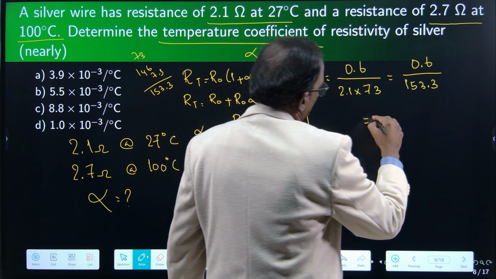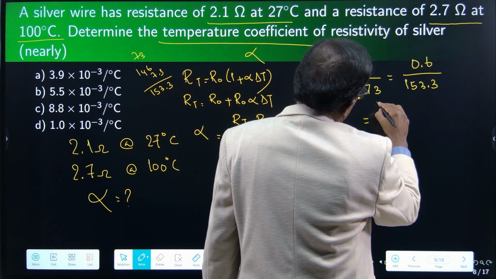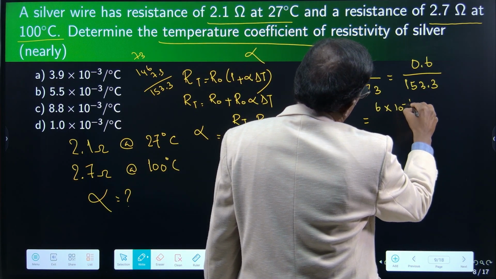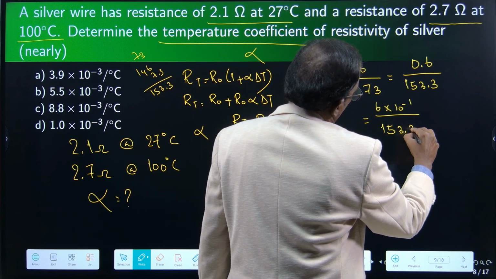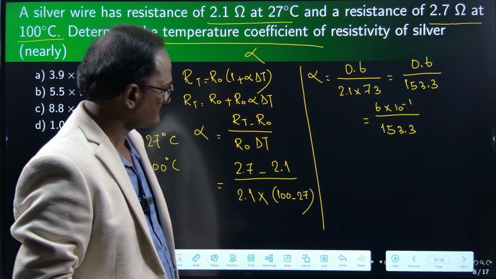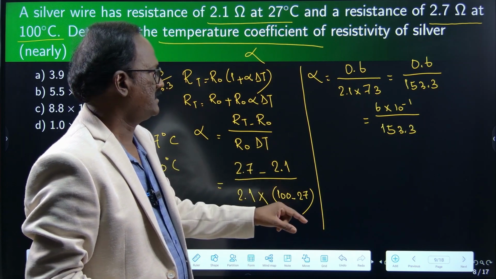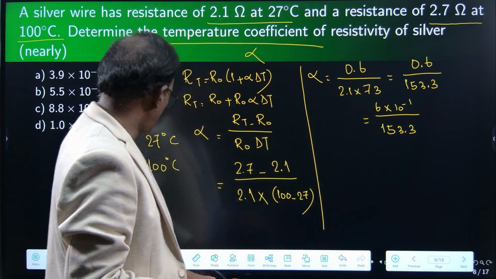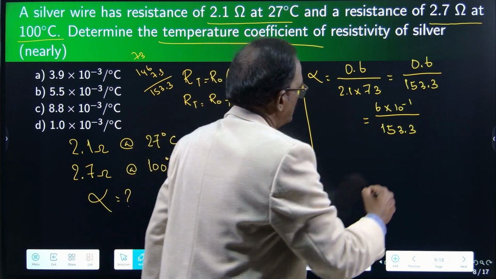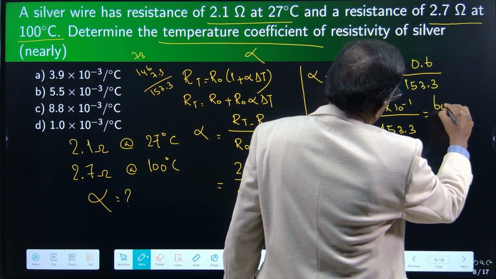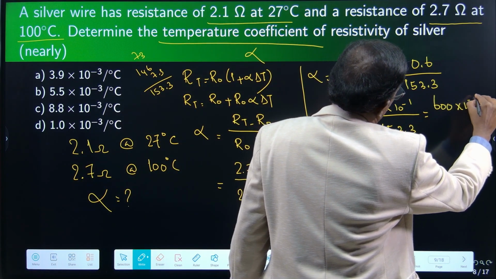Let me write 0.6 as 6 into 10 to the power of minus 1 divided by 153.3. Or I can write 3 digits I want. Yes, let it be 600 into 10 to the power of minus 3.